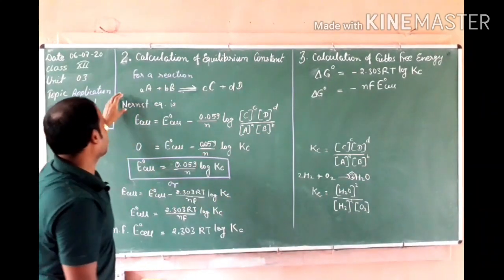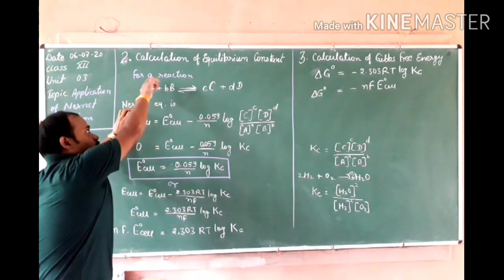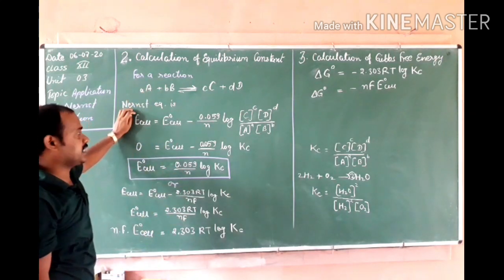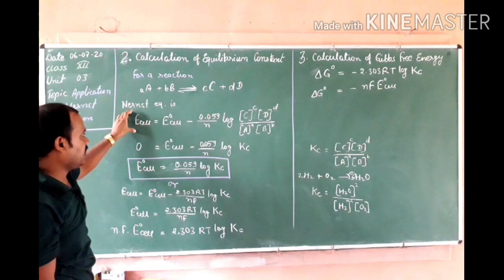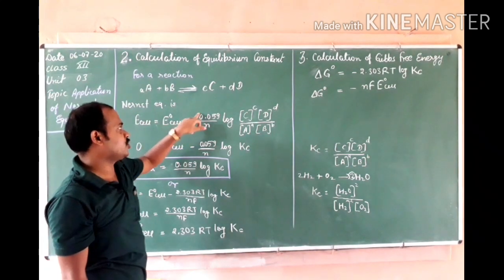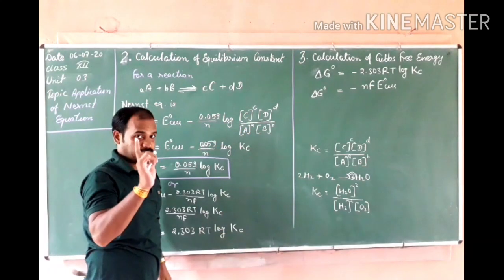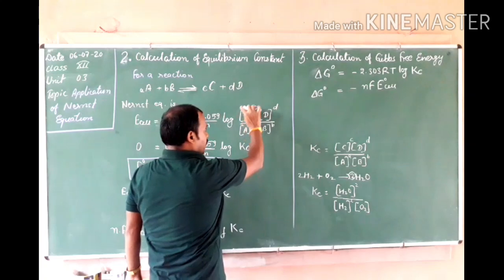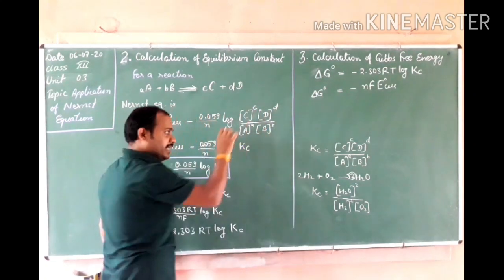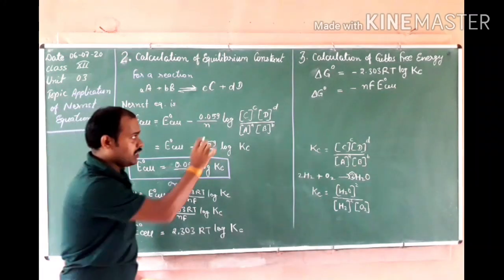Now see, we have studied the Nernst equation. For such types of reactions, the Nernst equation can be written as E cell is equal to E naught cell minus 0.059 by n log this. Remember this, very important. Here we will write only ions.